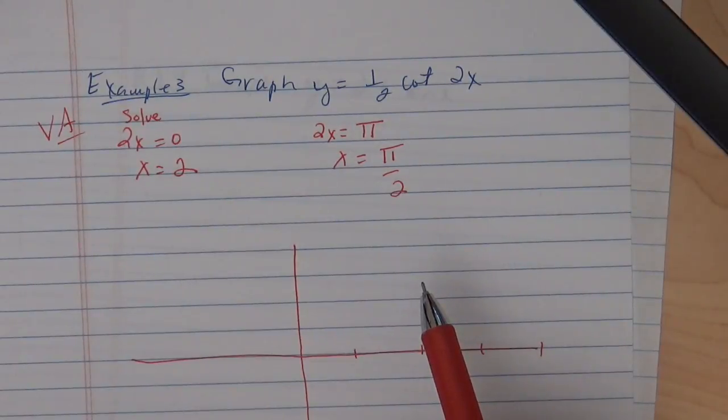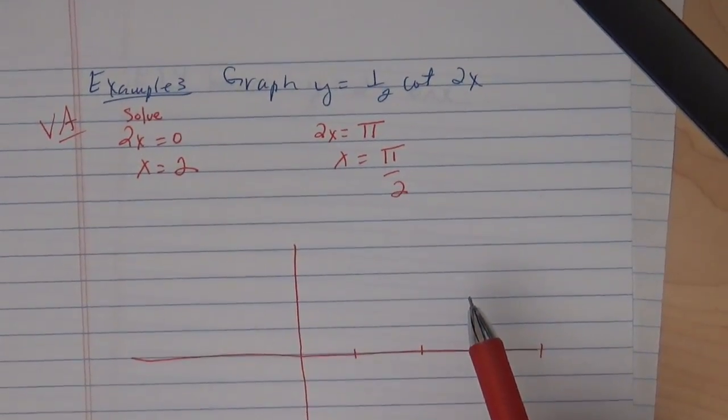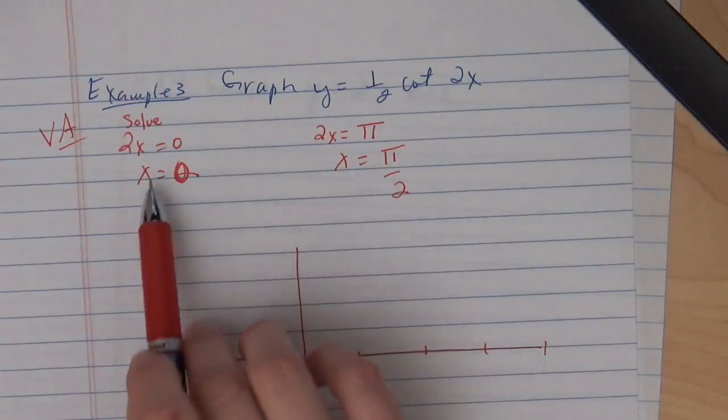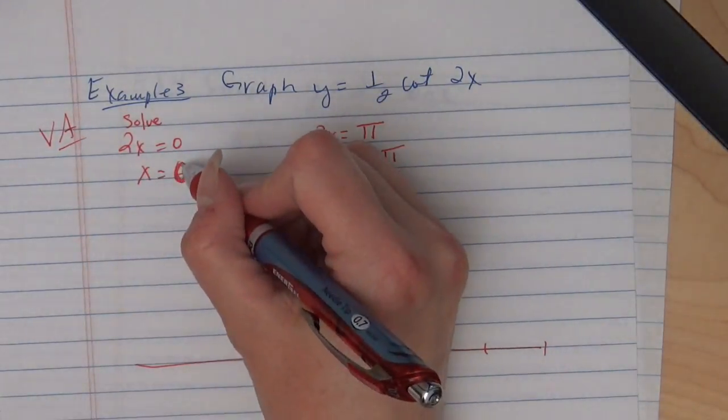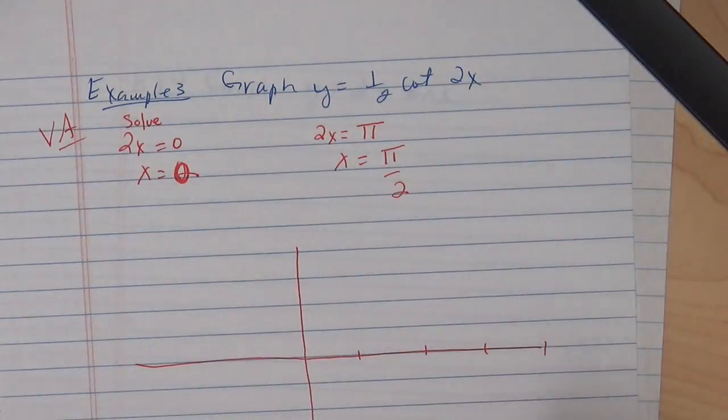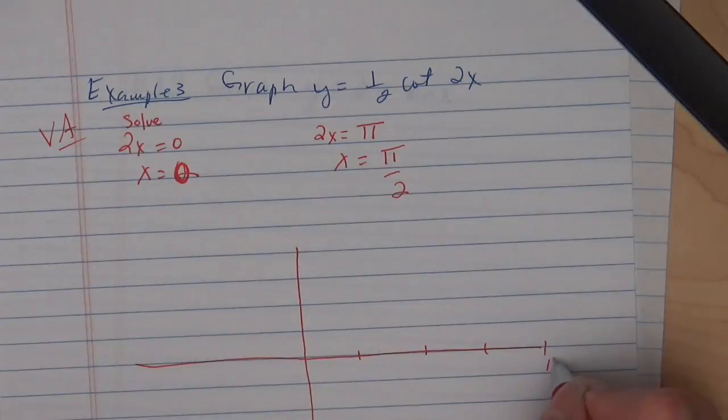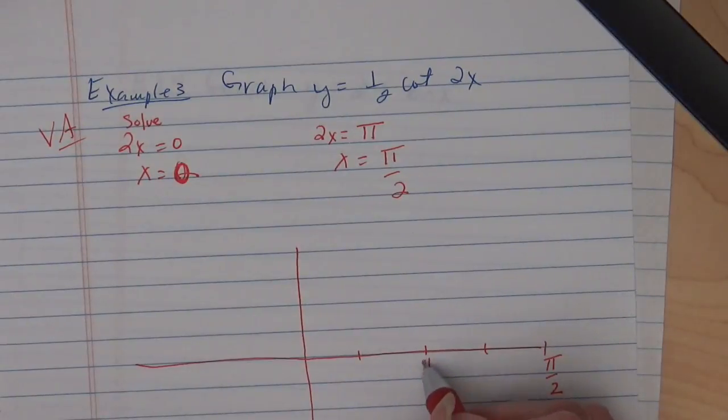And it's going to go from pi over 2 to... Okay, if you would go back and correct when I was solving for the first vertical asymptote, that one is x equal to 0. I divided by 2 and I should get 0 there. So my period is going to go from 0 to pi over 2. And I know it needs to be divided into 4 equal parts, so pi over 2 is going to be all the way down here. And over here will be pi over 4.